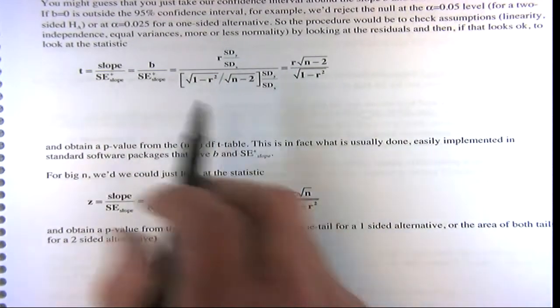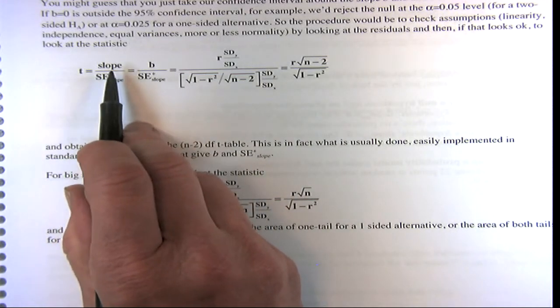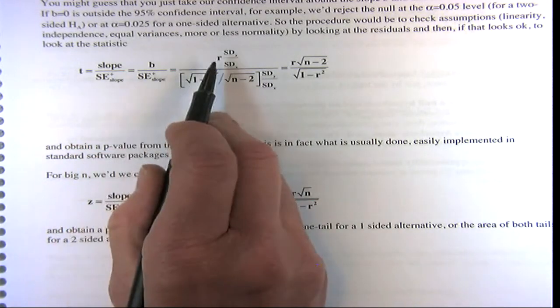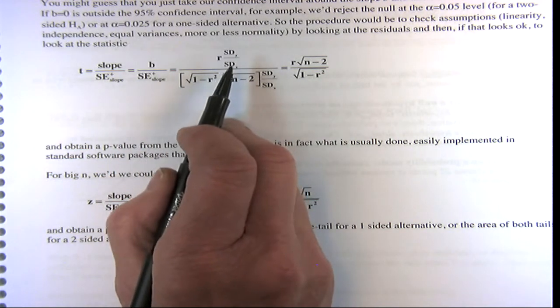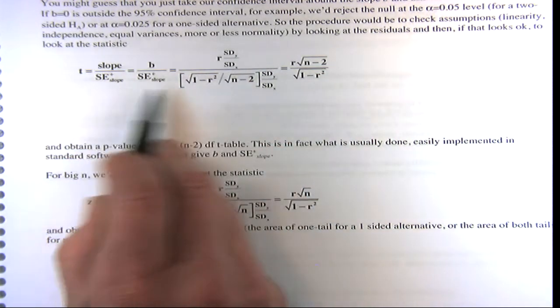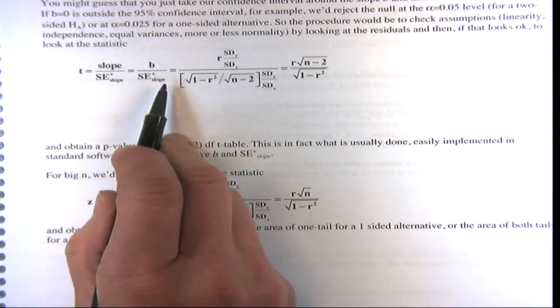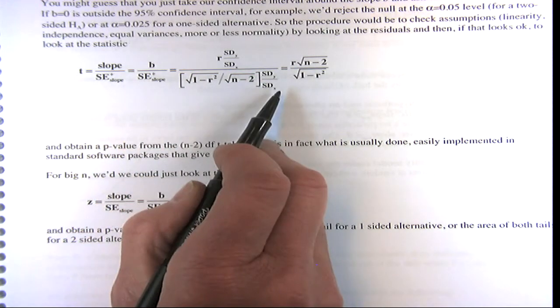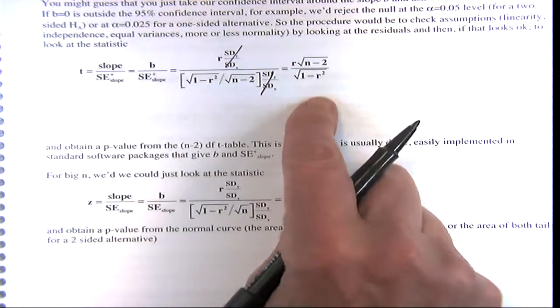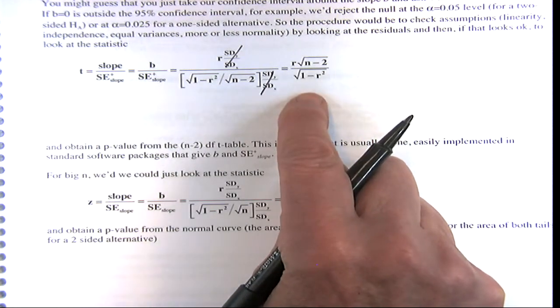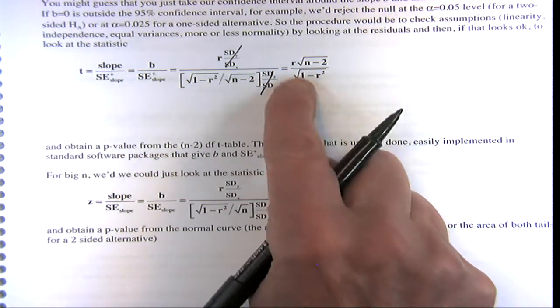So let's see what these look like. So remember, the slope, our sample slope, is r sdy over sdx, and our standard error looks like this. And do you see how the standard deviations cross out and we're left without units. We're left with this t-statistic just in terms of r and n. That fully describes it.